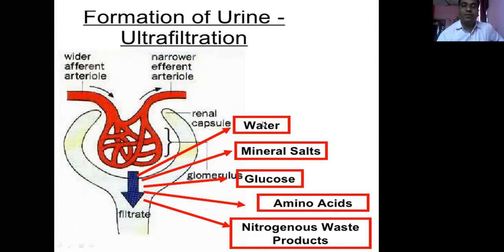There is filtration of water, mineral salts, glucose, amino acids, as well as the nitrogenous waste products. Out of them, the mineral salts, water, glucose, and amino acids are very important, and they are reabsorbed by the further tube-like structure of the nephron.